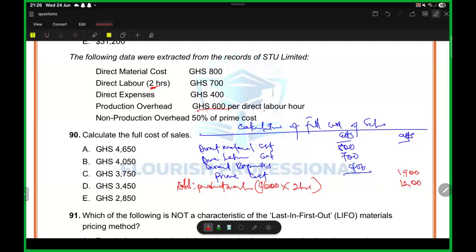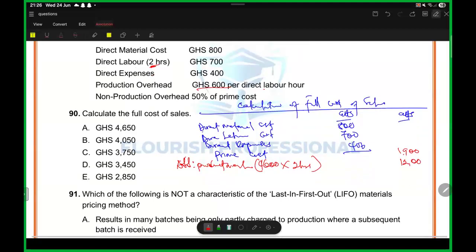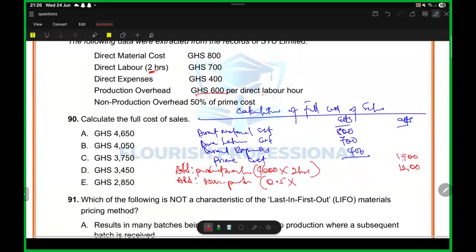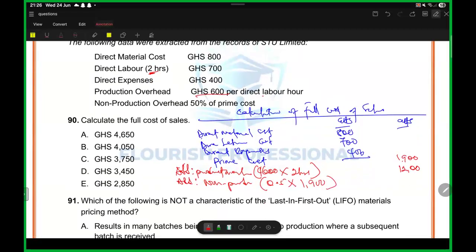Okay. Then I add also my non-production overhead. They're telling me that non-production is 50%, 0.5 on the prime cost. Already I calculated prime cost of 1,009. So 1,009 divided by 2 will give me 950.